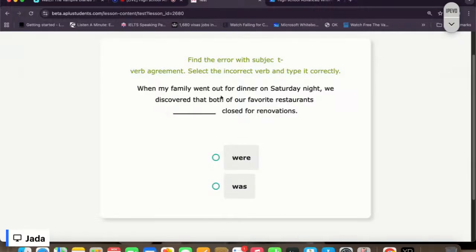When my family went out for dinner on Saturday night, we discovered that both of our favorite restaurants dash closed for renovation.